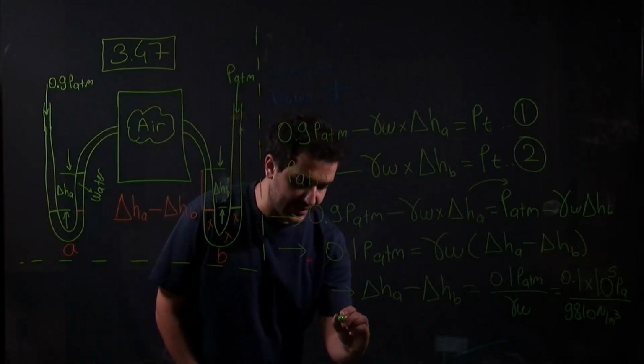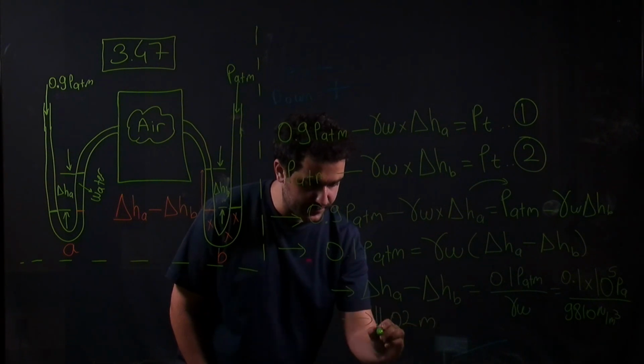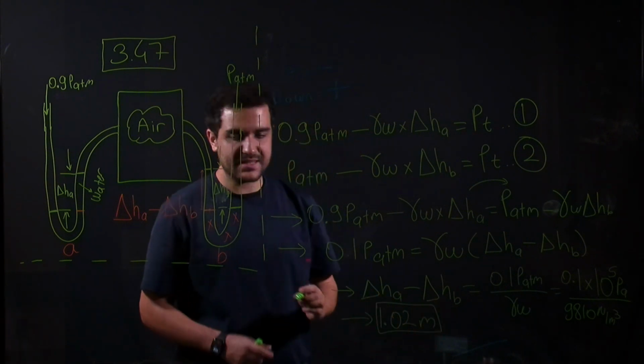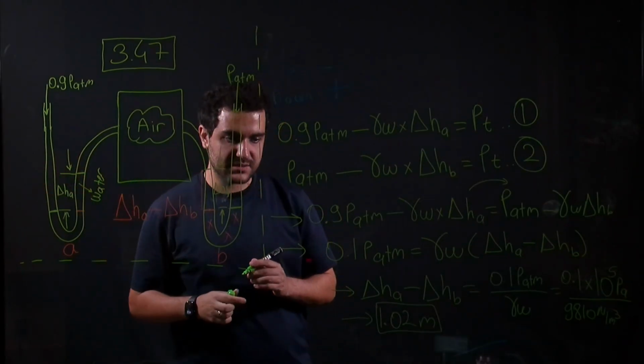From here we can get this value as 1.02 meters. So this gives the deflection difference in these manometers.